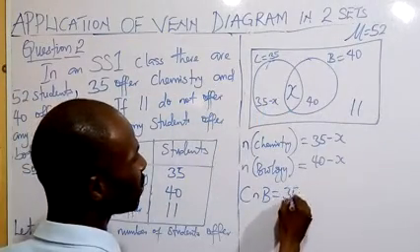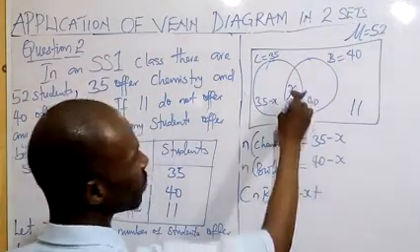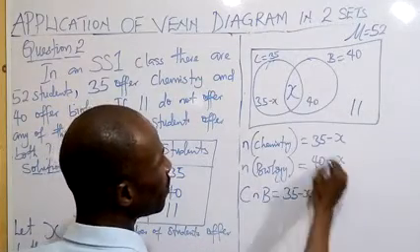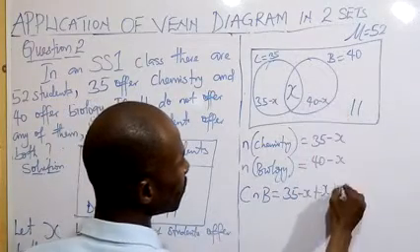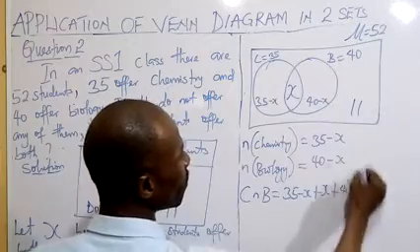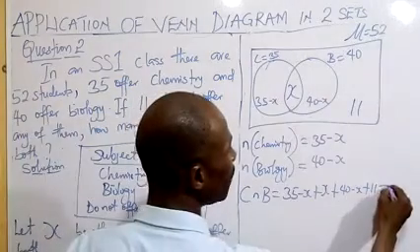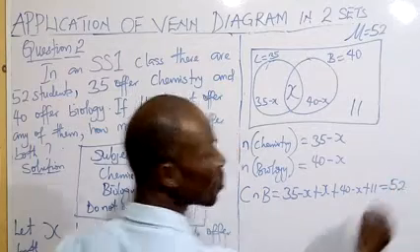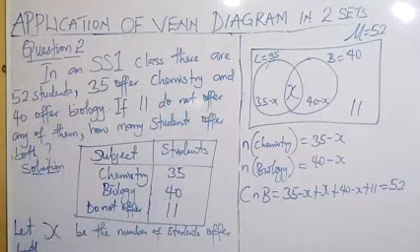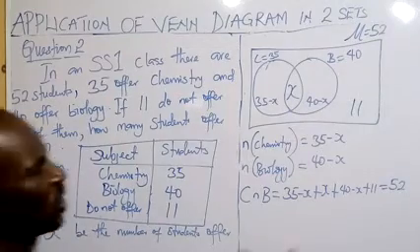We have 35 minus X plus this X plus 40 minus X plus 11, everything equals 52. Then we'll simplify.